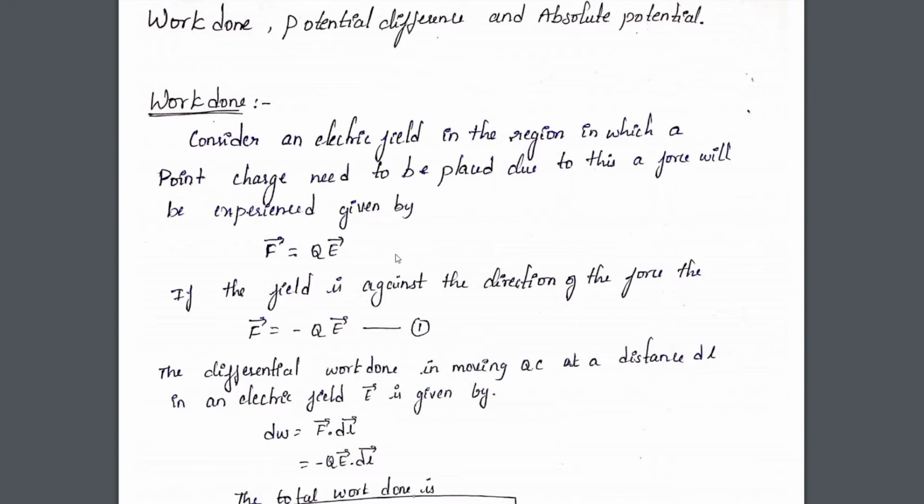Now we need to express this work done in terms of electric field intensity. So we need to derive the work done in terms of E. First thing is, if you place a charge Q in an electric field E, that charge will experience a force.